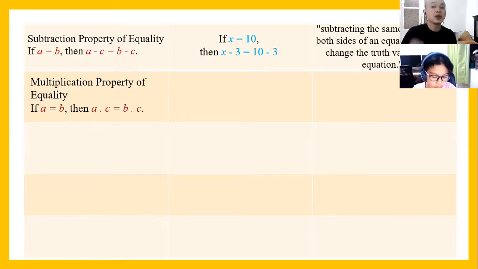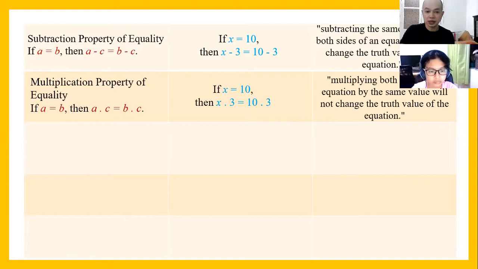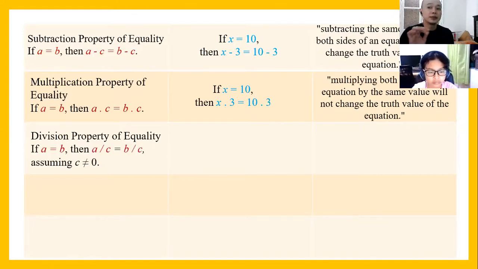So the same, if you multiply the same number or the same value to both sides of the equation, it will also be the same value, all right? So addition, subtraction, and multiplication. And there's also actually division. So for any equation, when you add the same value, subtract the same value, multiply the same value on both sides, or divide the same value on both sides, it will be the same truth value of the equation.